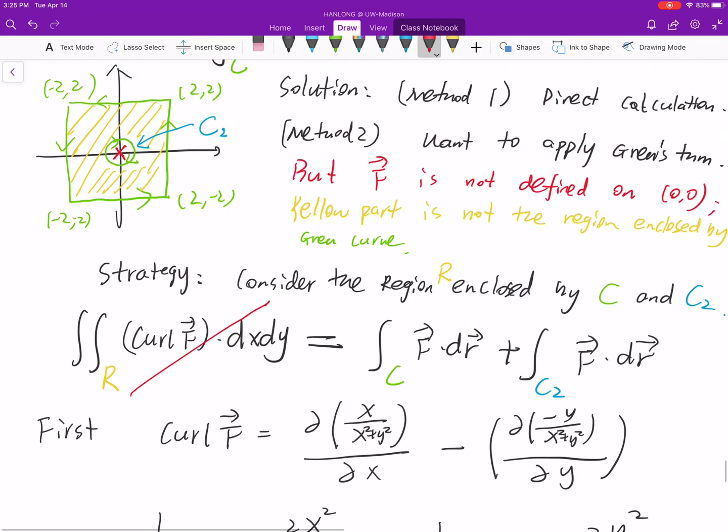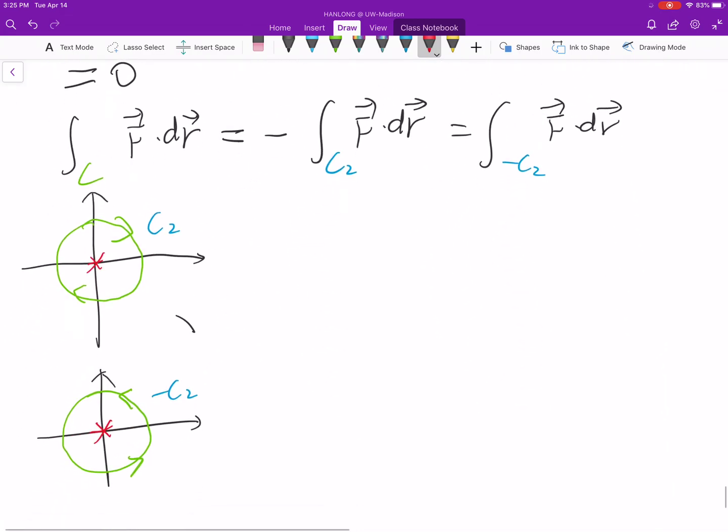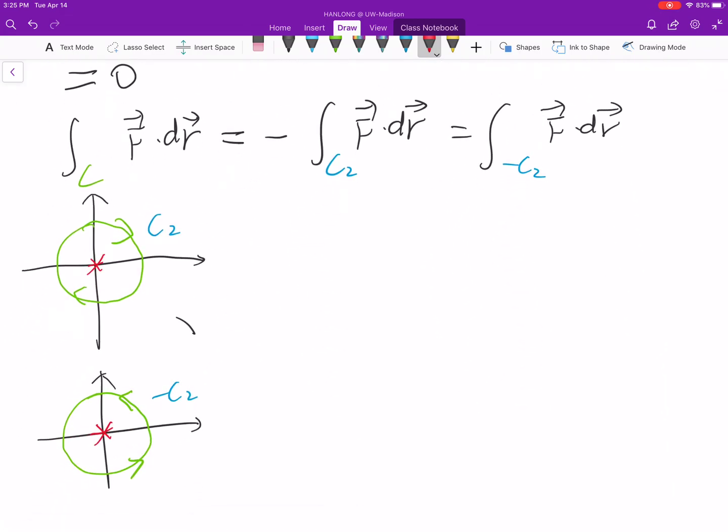Okay, now, so remember this. We choose C2 small enough and then use polar coordinates to consider this one. And now let negative C2 be a curve parameterized by, for example, x is, you take the small radius, for example 1/2, to make sure it's inside the big box, the square.